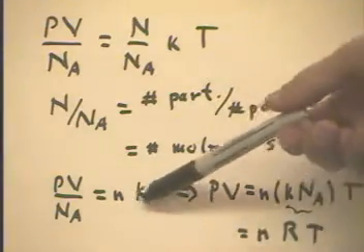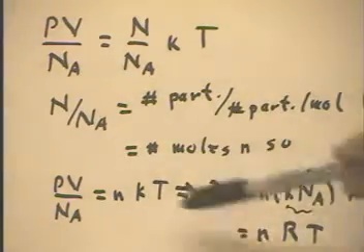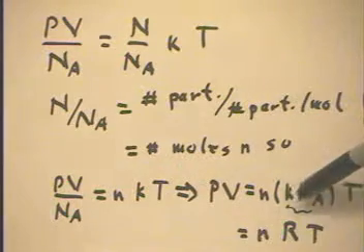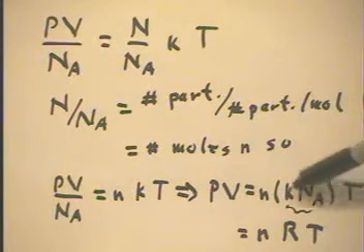Well, that's still not little n RT, but it's getting awful close, because what we do next is multiply N_A by both sides and absorb that in with the K and the constant here.